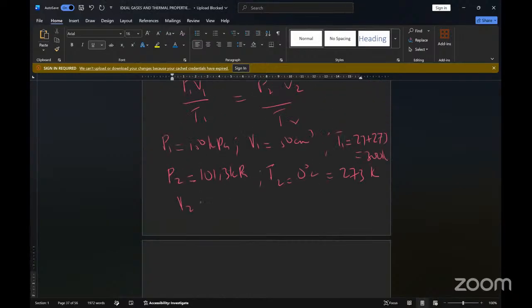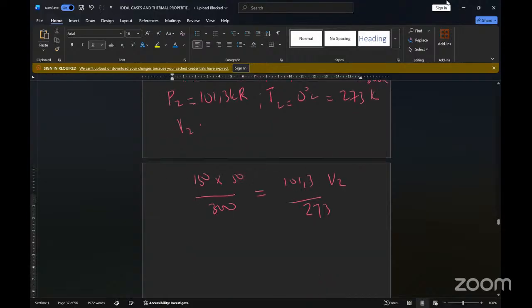So your P1 is going to be 150 times your V1 is 50, all over your T1 is 300, should be equal to your P2 is 101,3 times the volume we don't know, V2, all over 273.